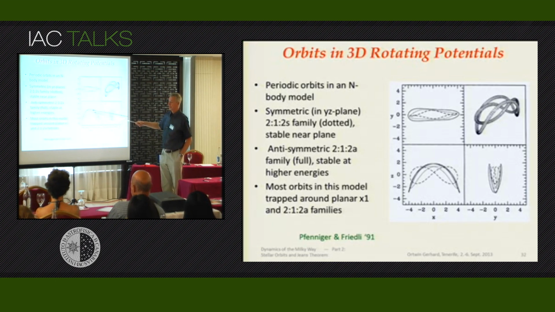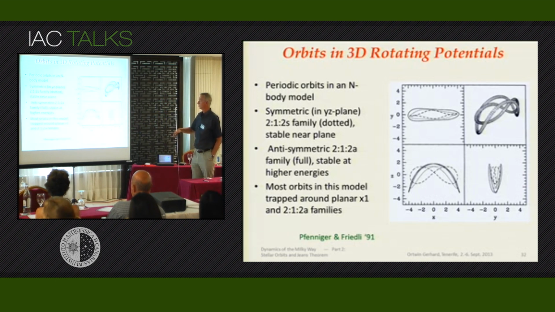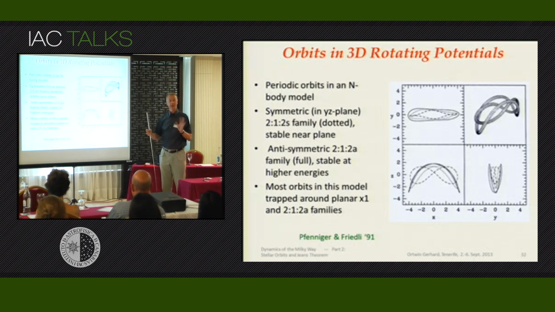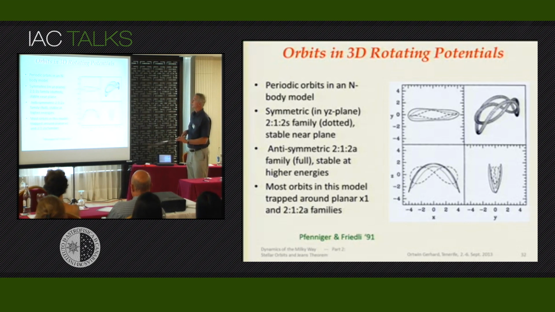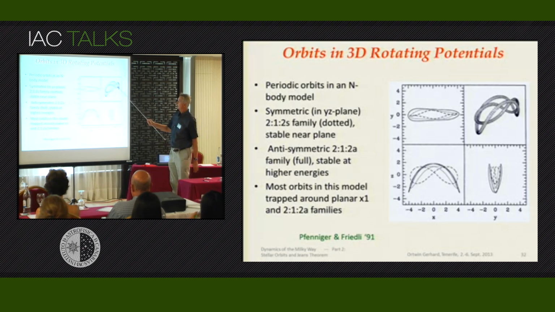You see the center here, and then here you have these loops, and then you have the rotating. So these are prograde orbits in the equatorial plane. At the same time, they oscillate in the vertical direction. For example, like this, but also sometimes like in this figure 8 shape.